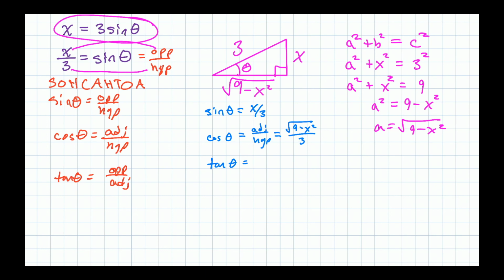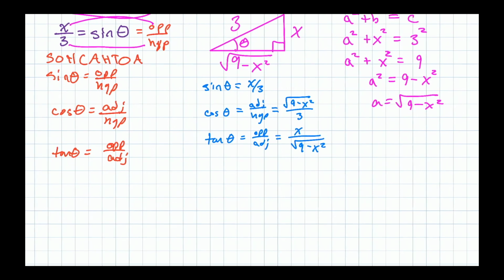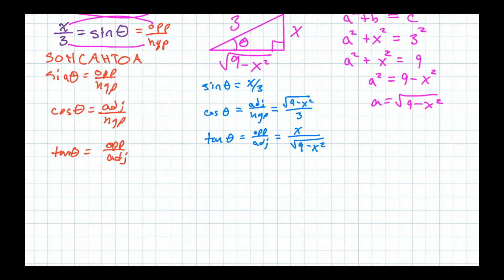Tangent theta is the opposite over the adjacent, so x over square root 9 minus x squared. I'm not going to rationalize that. I'm way too lazy, just leave it that way. What else do we have? Secant, cosecant. Let's do cosecant. Cosecant is 1 over the sine, so 3 over x.